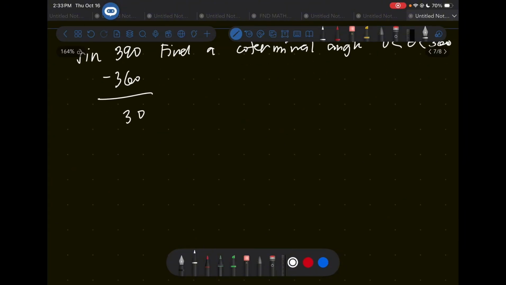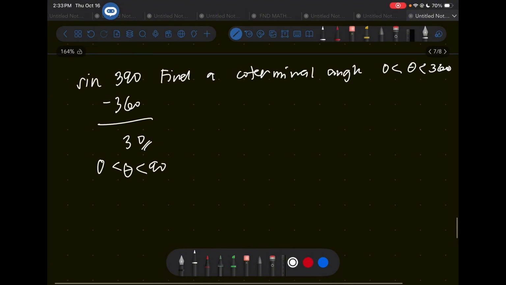So now, since it's an angle that is less than 90 but more than 0, this is already your reference angle, or just the angle of 390, because they're basically the same.